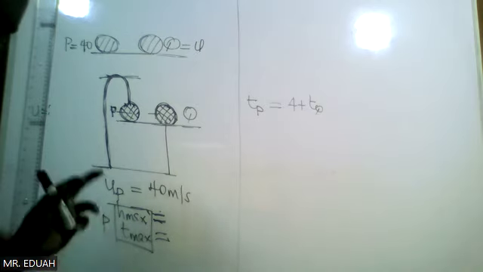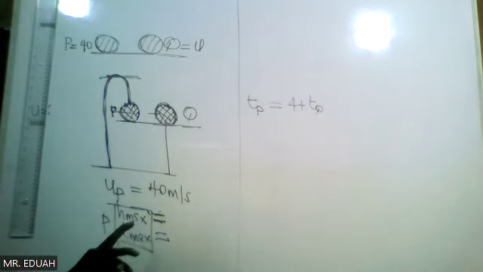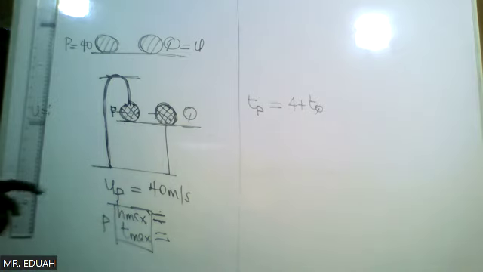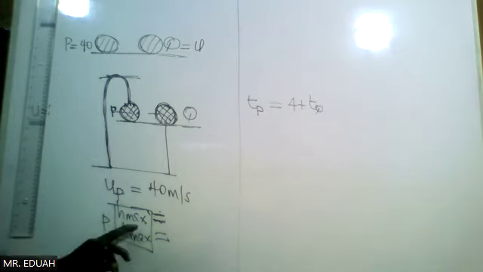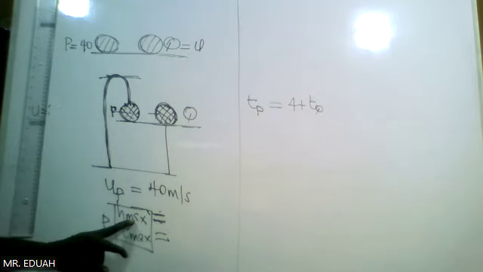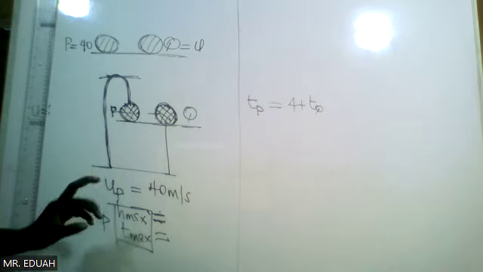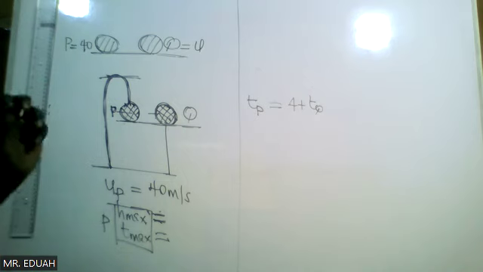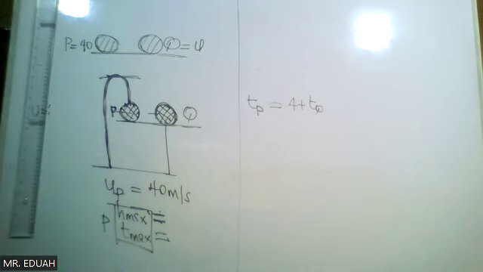We know the initial velocity of P, we are told it is 40. So if we know the initial velocity, then we can find the time taken for P to reach the maximum height, and then the maximum height reached by P. So first help me determine these quantities, then we move on.